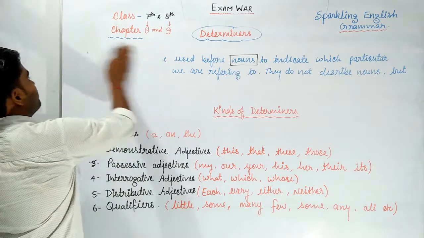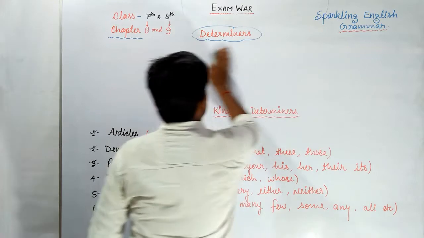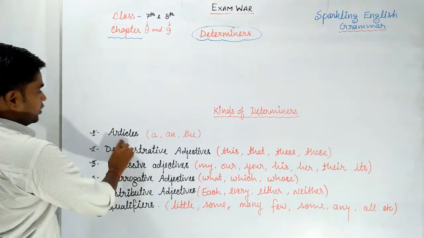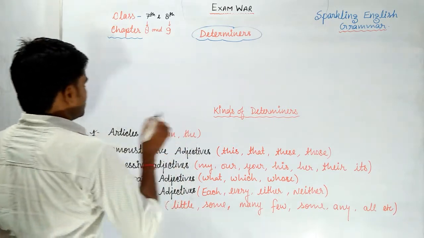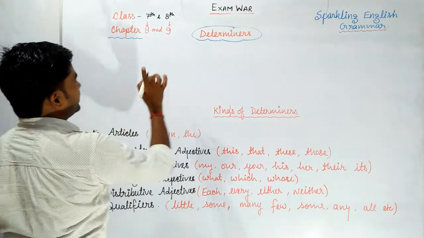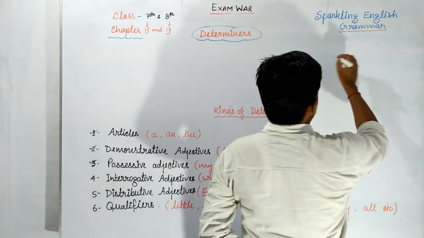Dear students, now we are going to discuss these points through some useful examples. First of all, articles. What are the articles? Articles are of 2 types, definite and indefinite.